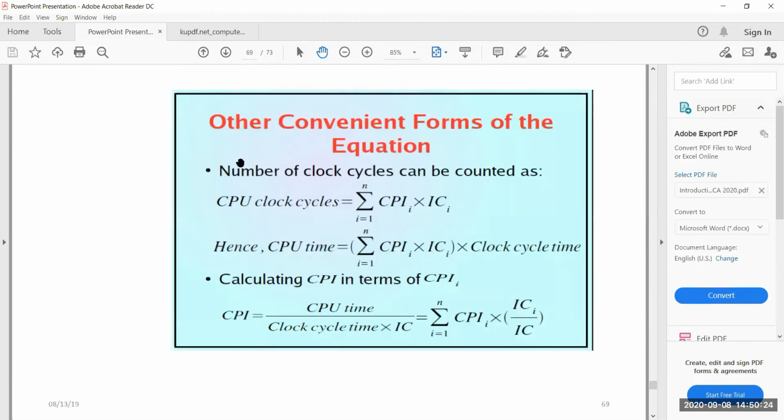Just to make it more formal, we refer to it in terms of i equal to 1 to n, where n is the total number of instructions per program.